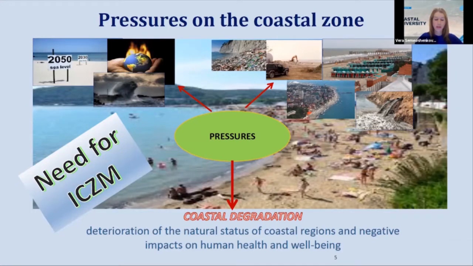Coastal zones are also very susceptible to human pressures and climate change. Risks include flooding, erosion, rising sea level, and extreme meteorological events. And these can go a long way in terms of transforming the lives of local communities.